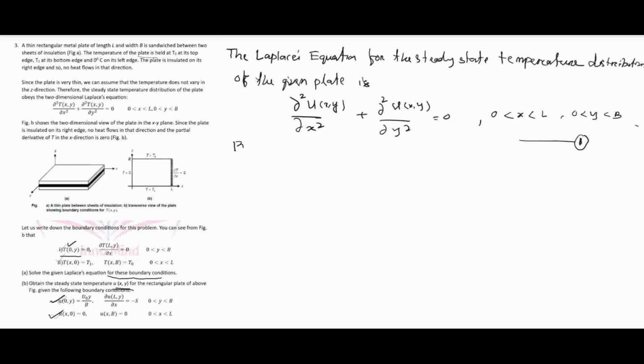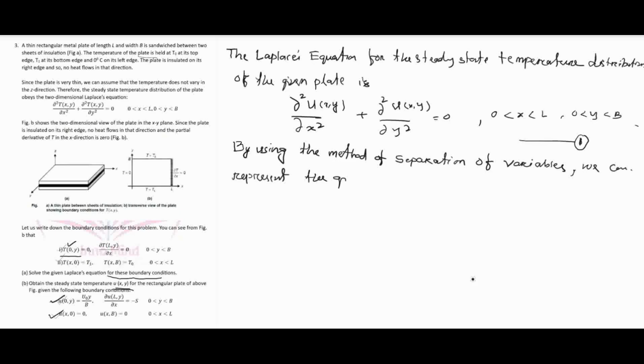So by using the method of separation of variables, we can represent the given unknown function u(x,y) as a product of two independent functions of independent variables.